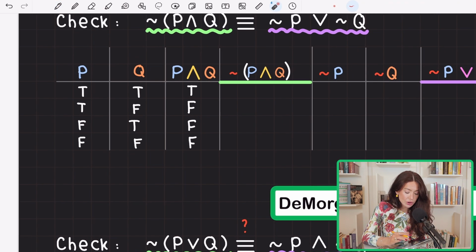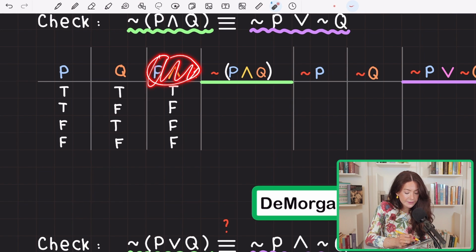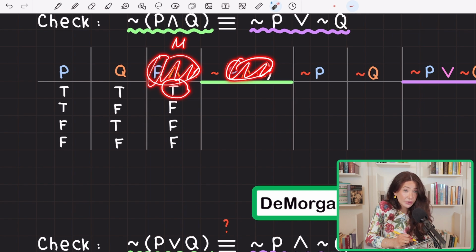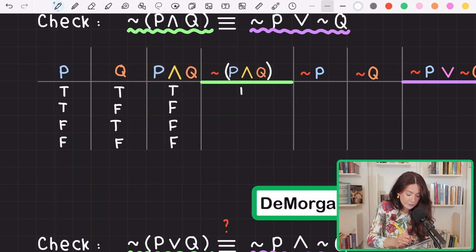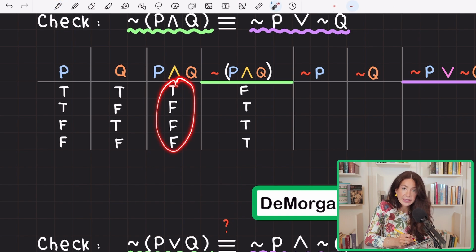And then the negation of this, now treat this as if this was P or M. So when the original statement is true, its negation is false, and when the original statement is false, its negation is true. So you simply flip this and you get its negation here.